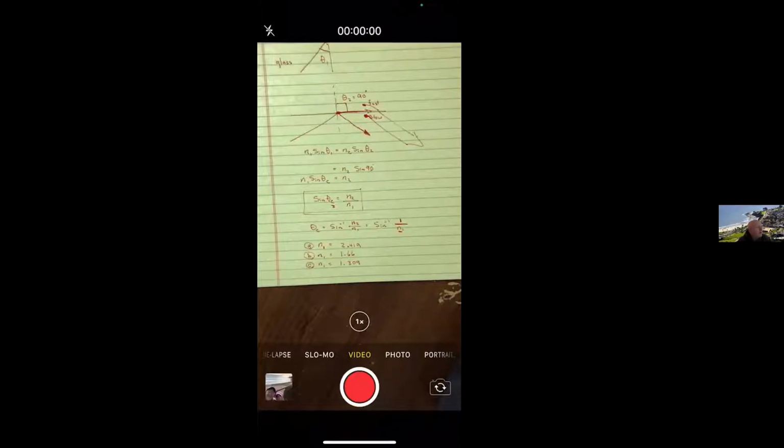Now, that doesn't help us with our problem because none of those materials are the materials that our problem involves. But that's the one I was referring to, the graph showing the variation in the index for some materials. And it looks like there are just three: crown glass, acrylic, and fused quartz.